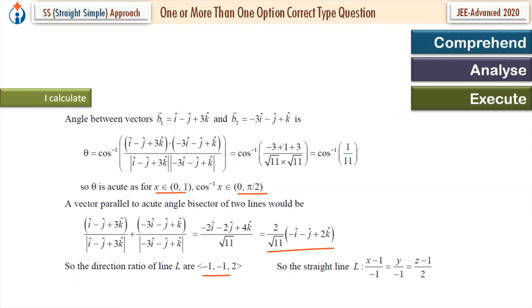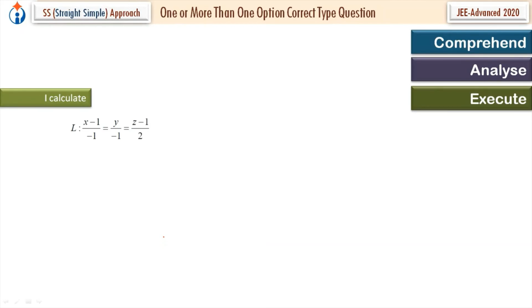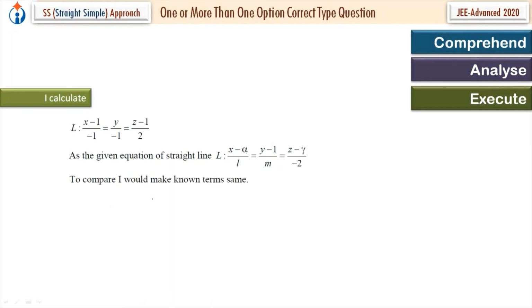And I know the point through which it is passing, 1, 0, 1. So the equation of the line is this. x minus 1 upon 1 is equal to y upon minus 1 is equal to z minus 1 upon 2. Now what is given? Equation of line x minus alpha upon this, in this form. So to compare, I would make known terms same. So I'm making y minus 1 here first.